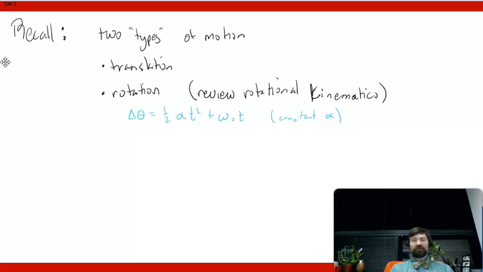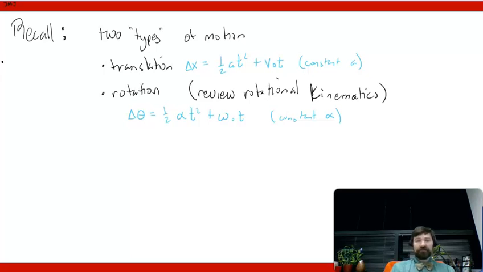For translation, the equivalent to this equation would be delta x is 1/2 a t squared plus v naught t, and this is constant acceleration. Okay, so you may want to refresh yourself on those.